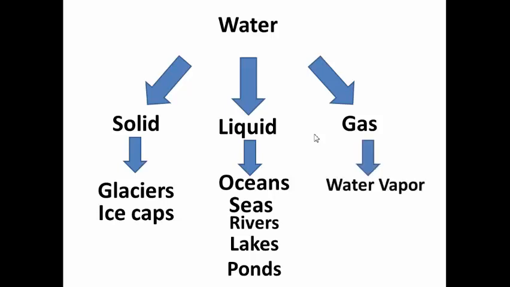Here we have water vapor. Important information about water vapor is that it is a part of the atmosphere. When water evaporates, it can be collected in the form of water vapor and becomes a part of the atmosphere.